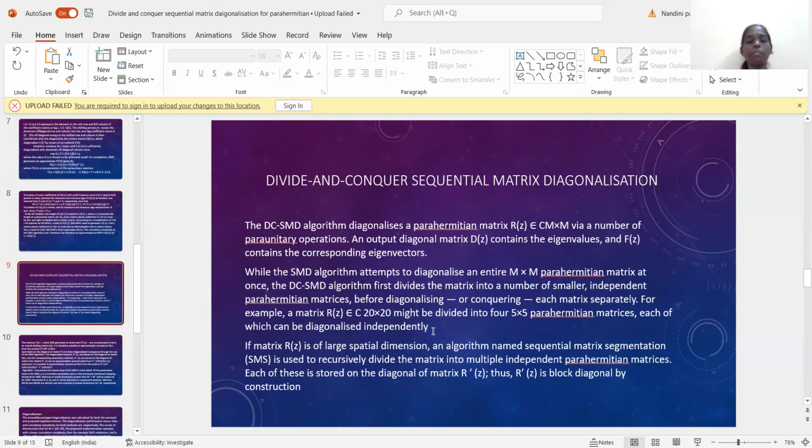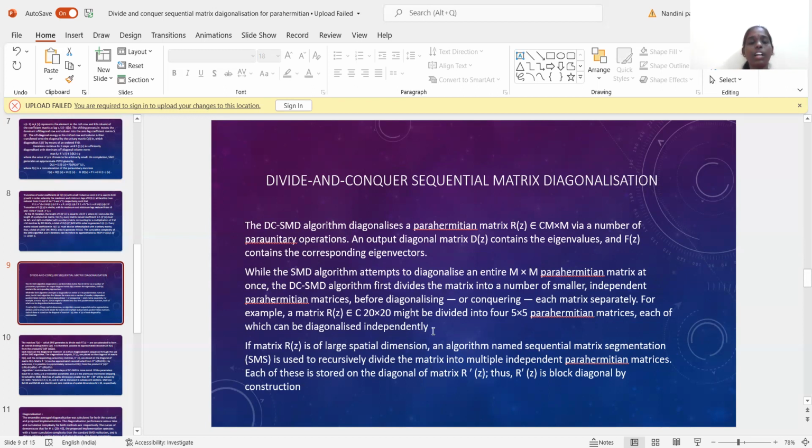For example, a matrix R(z) might be divided into 5 para-Hermitian matrices, each of which can be diagonalized independently.